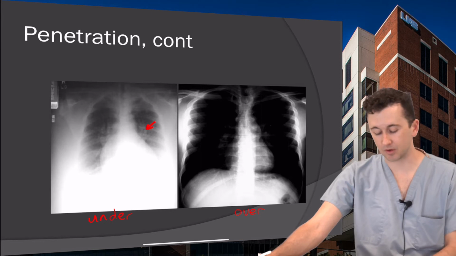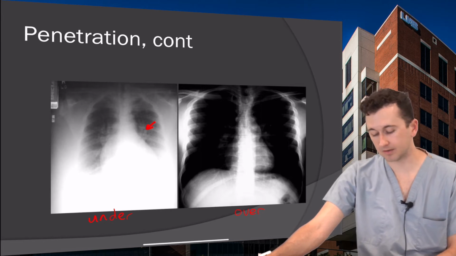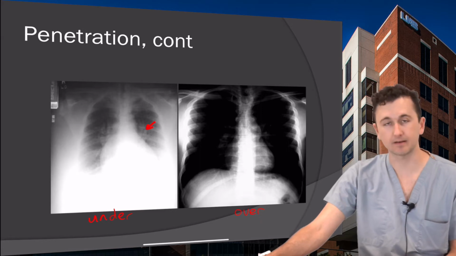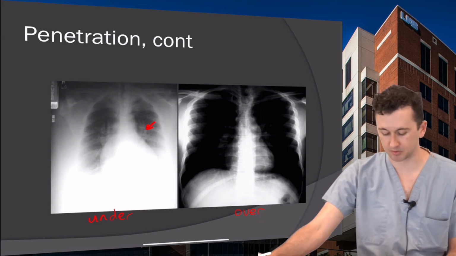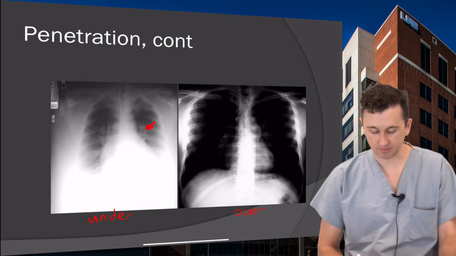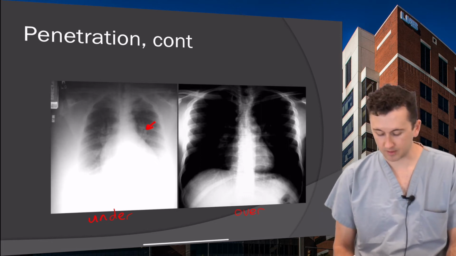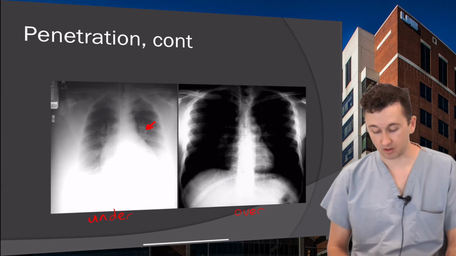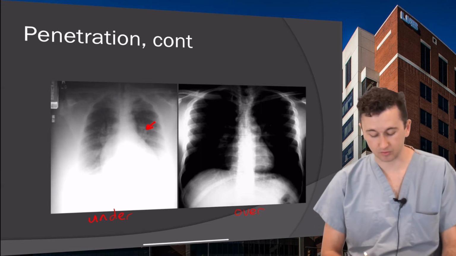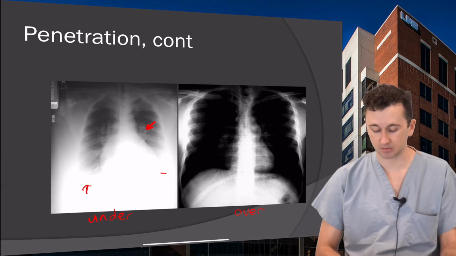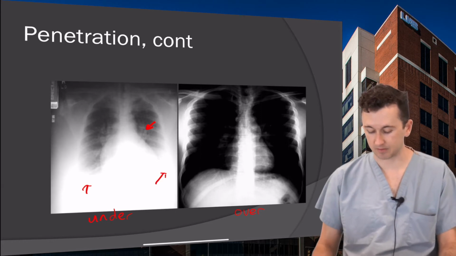But in this case, we don't know if it's due to a pathological abnormality, or if the film is just not properly exposed. The other thing that an underpenetrated film will do is it will obscure the bases of your lungs and make it nearly impossible to rule out or evaluate for any effusions or any other basilar lobe abnormalities.